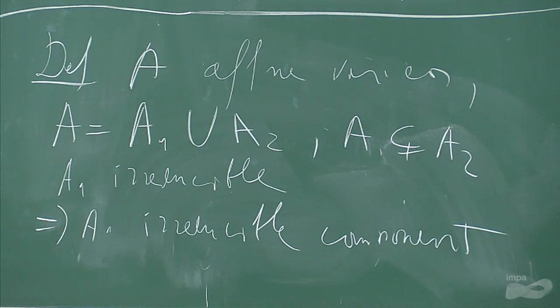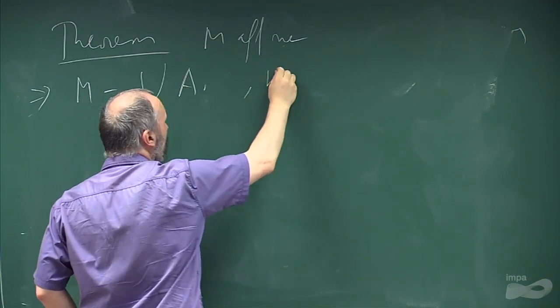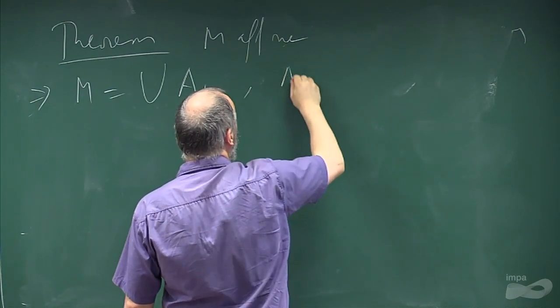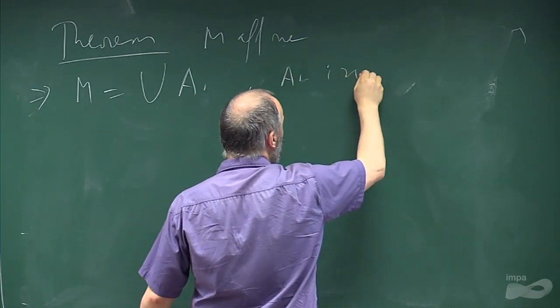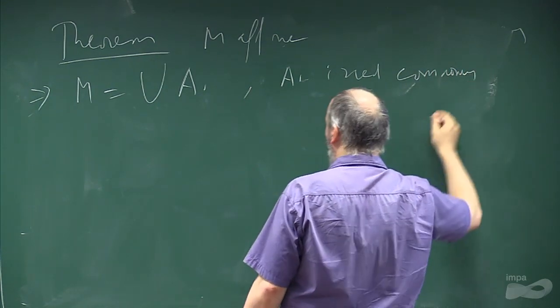So theorem: suppose that M is affine, then M is a union of A_i, where all A_i are irreducible components, and there are finitely many.